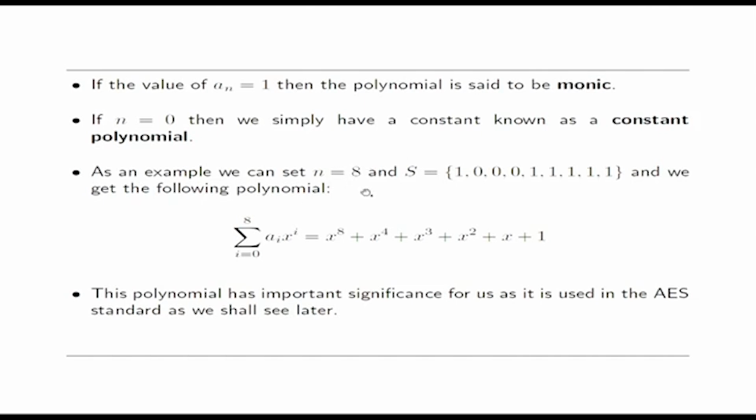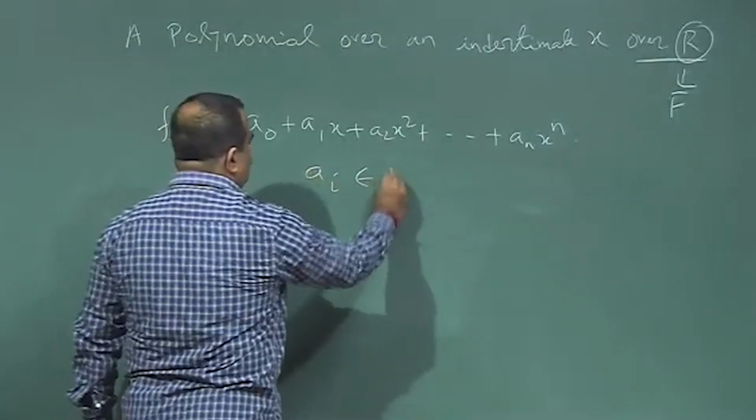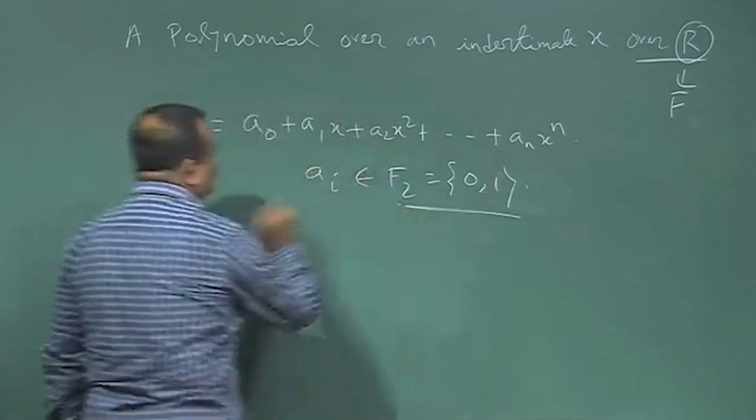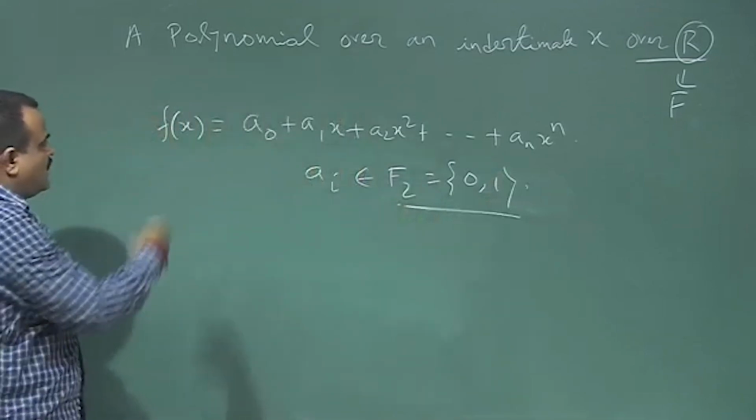Suppose n is 8, and suppose the polynomial coefficients are coming from 0, 1. That is basically F2. So if we take this polynomial where the ai's are coming from F2, F2 is a field, these are all binary bits.